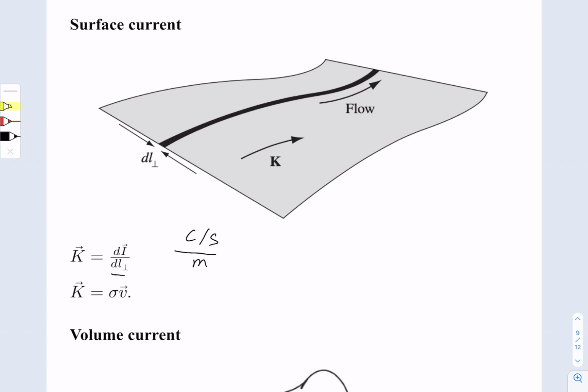And now you can convert that to coulomb over meter squared times meter over second. The first corresponds to a surface charge distribution, and the second is the velocity. So you can think of a moving surface charge as producing a surface current.